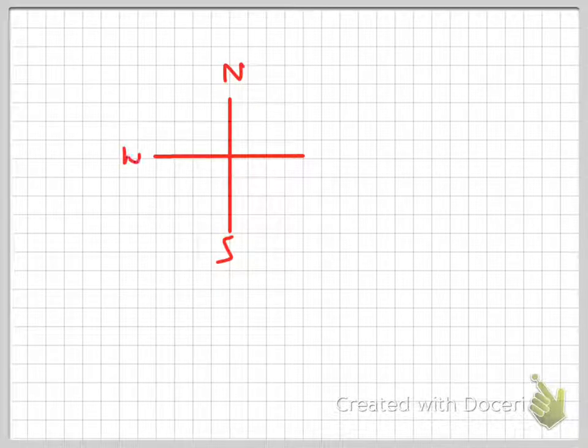The other thing is, let's just briefly look back at this compass rose. North, south, west, and east. Whenever you're thinking about angles, there are two ways to describe every angle.